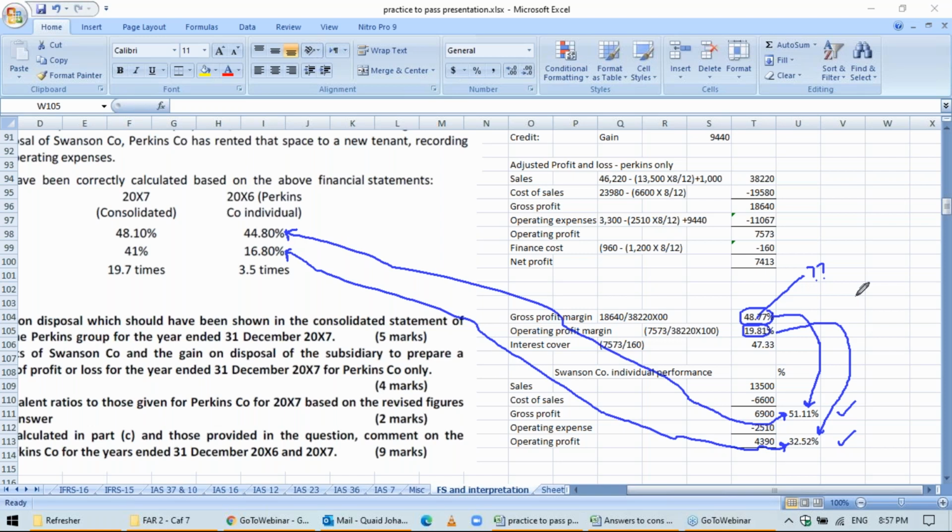So subsidiary companies' results are apparently better. One of the reasons could be that they are obtaining goods, services and expenses at low cost or at lower profit margins from the parent company, due to which the parent company's profit margins are going down and the subsidiary's profit margins are improving.